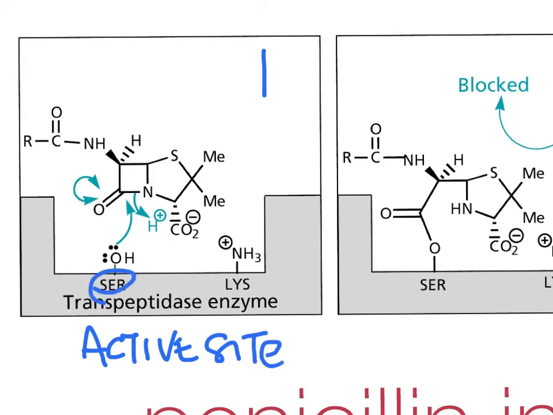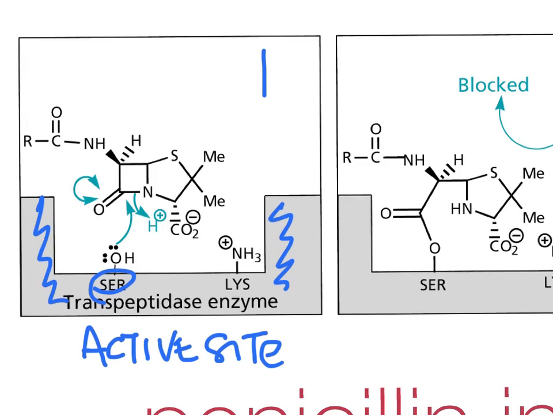You have a lot of amino acids around. But there are two that are involved in the mechanism: first is serine, second is lysine. Serine is the most important one out of the two.